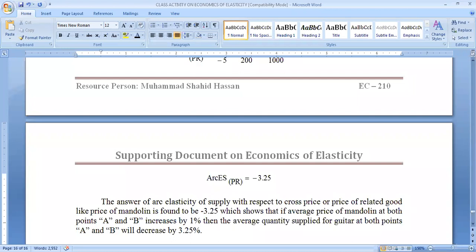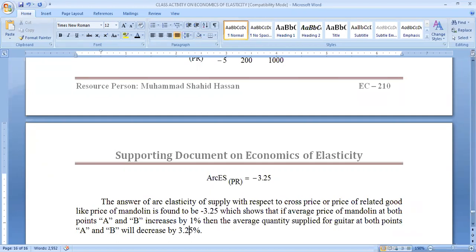Since the sign is negative, by increasing the price of Mandolin, the quantity supplied for Mandolin will increase. The suppliers of guitar will feel incentive in supplying Mandolin. Therefore, they will switch their investments from guitar towards Mandolin. Hence, the number of suppliers in the guitar industry will fall and increase in Mandolin's industry.